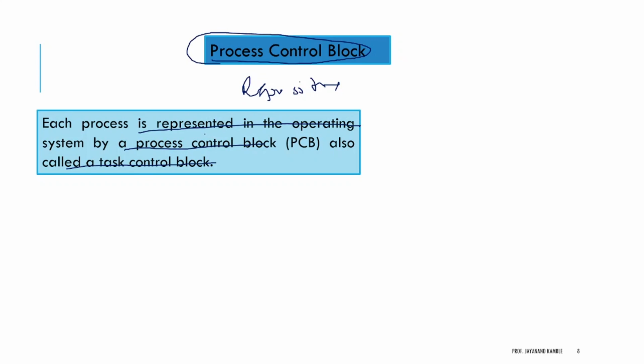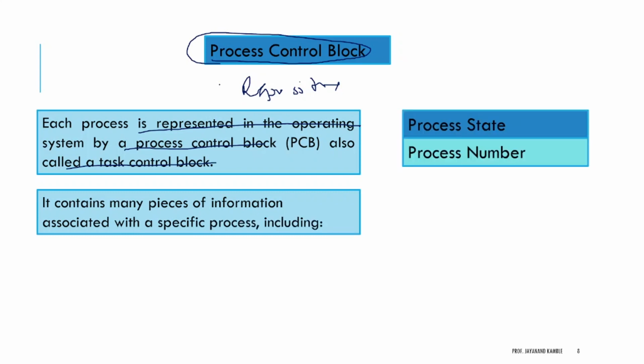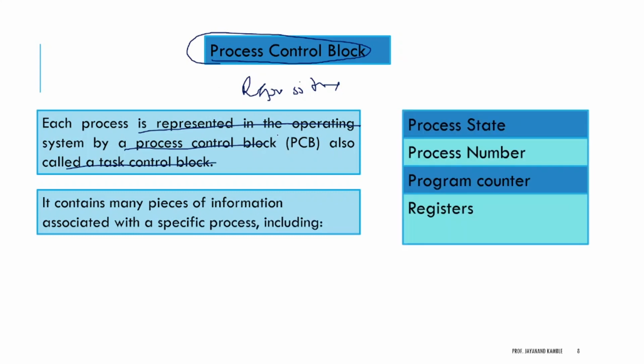It contains many pieces of information associated with a specific process, including process state, which we have just seen as the 5 different states of the process, and the process ID or number. Every process has a program counter, where the current status of the process is stored. Current status means the address of the next instruction.